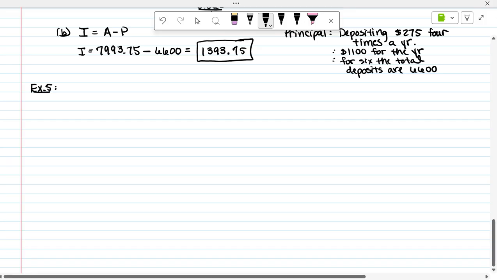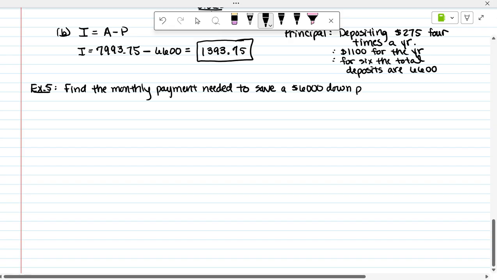We have: find the monthly payment needed to save a $6,000 down payment for a car in an annuity.